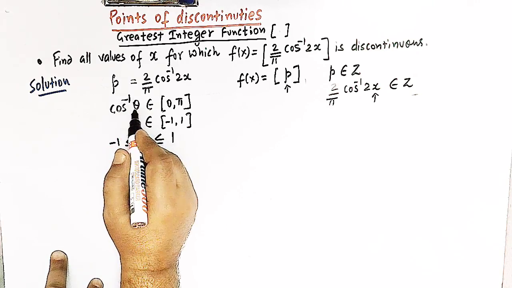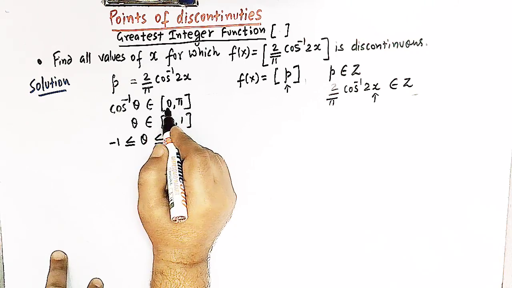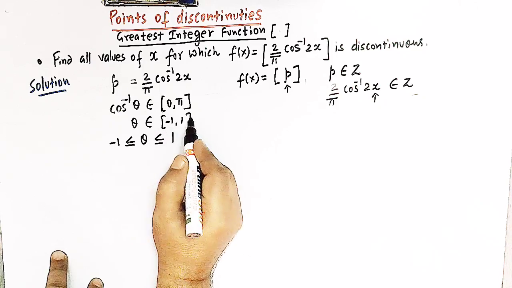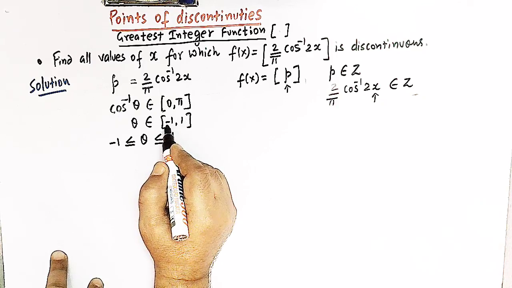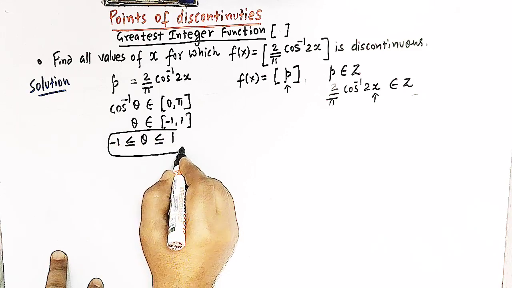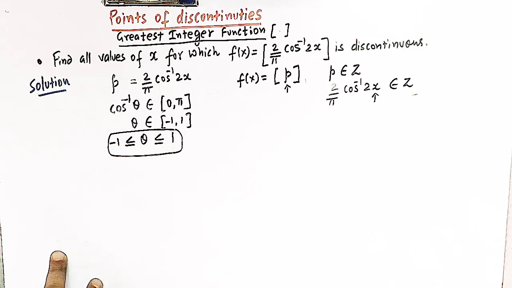So cos inverse theta has the range, the closed interval 0 to pi, whenever theta belongs to the closed interval minus 1 to 1. So here now we'll use this inequality to get the values of x.